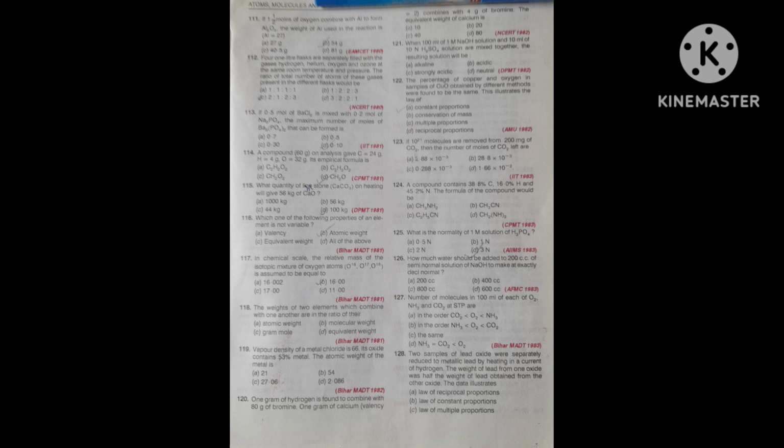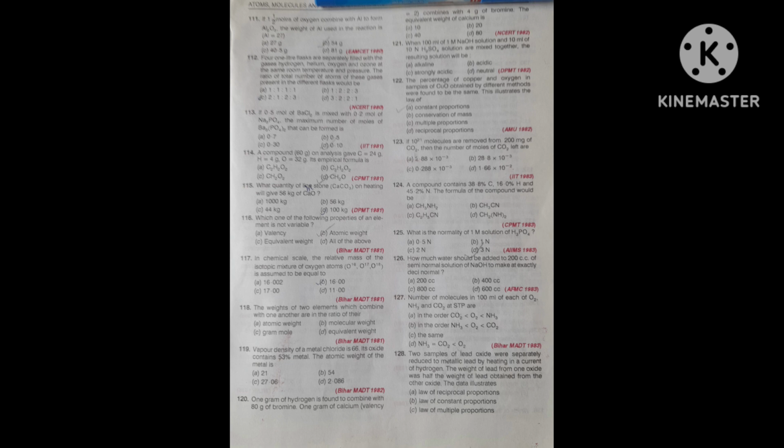Directly from the mole you calculated, 0.00454 mole, you can write it as 4.54 into 10 to the power minus 3 mole.